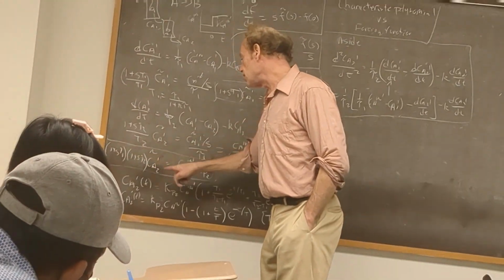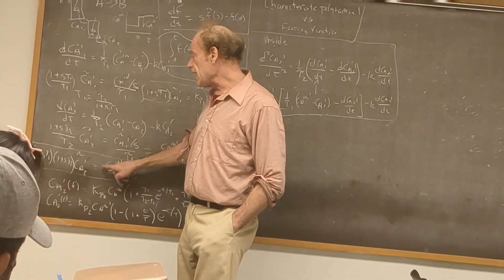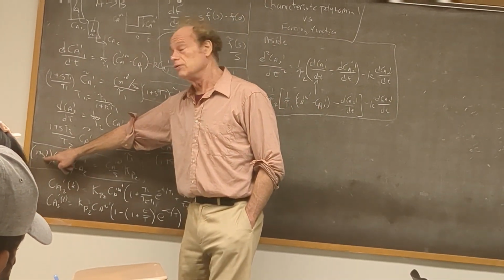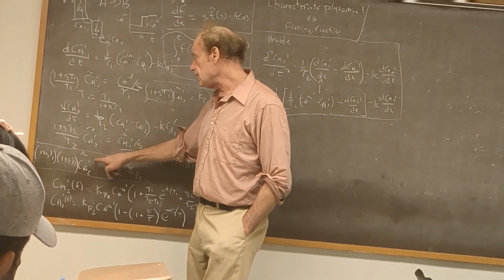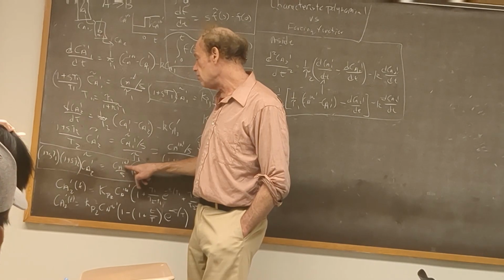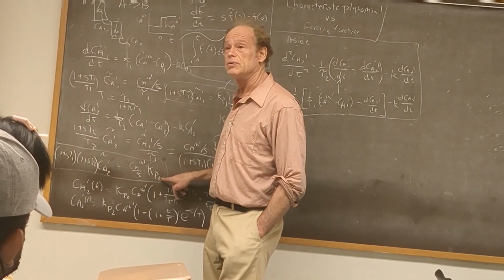That means we divide by the characteristic polynomial. If we do that, multiply by S and take the limit as S goes to 0, this becomes 1. Multiply by S, that cancels out. Then I get CA2 prime tilde over CA in prime, and that just gives me KP2.